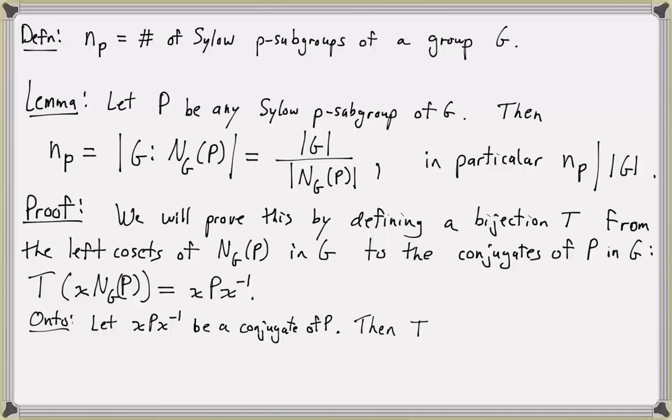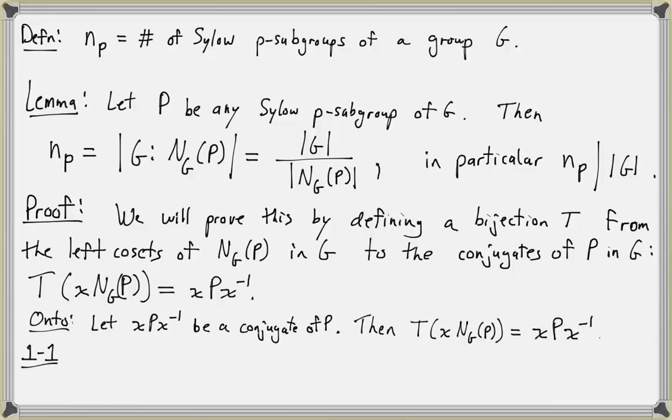So then T of X times the normalizer of P will equal the conjugate X P X inverse. So by the definition of T, this is onto.